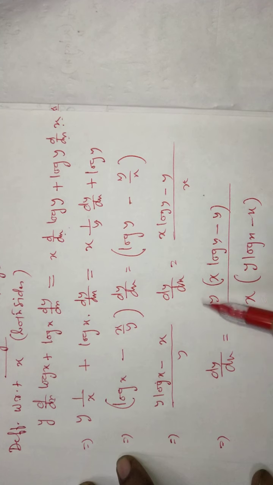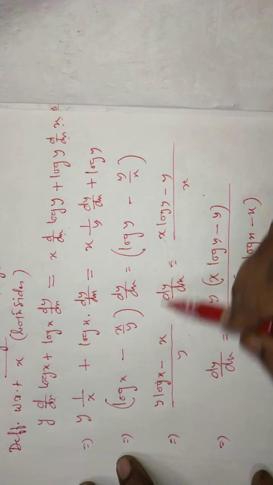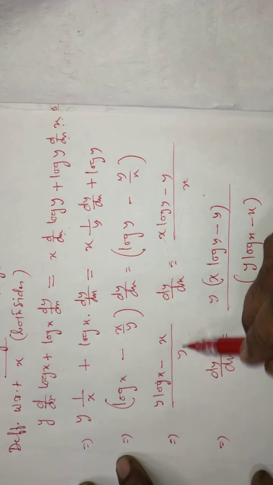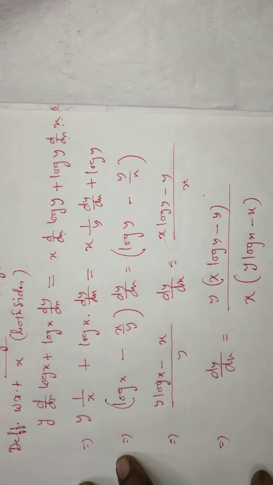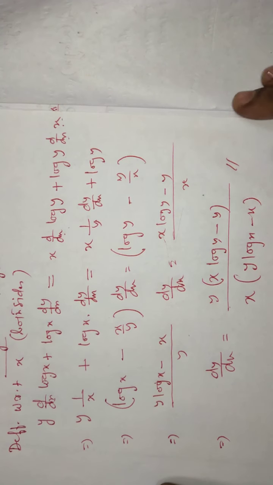So here, very technically, you have to cross multiply. y will multiply with this figure, and this figure will multiply with x, and this is the final answer. Okay, I hope you understand this problem also.